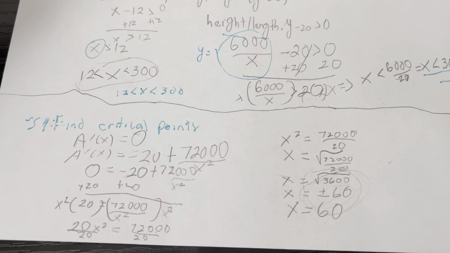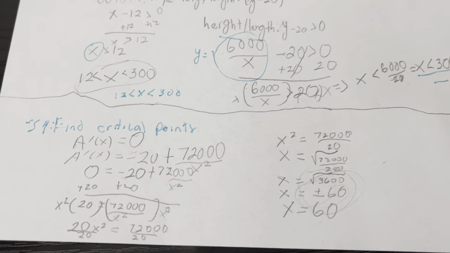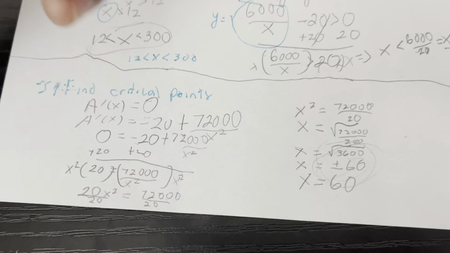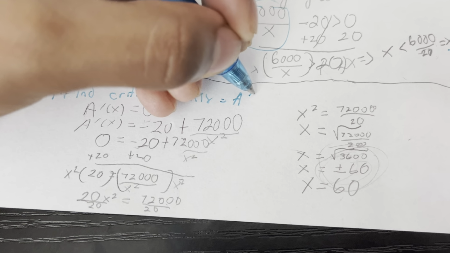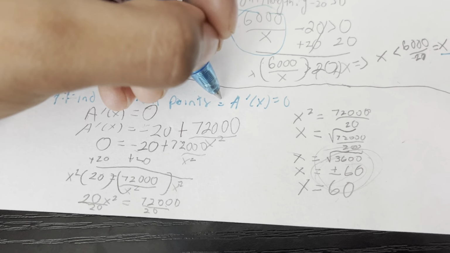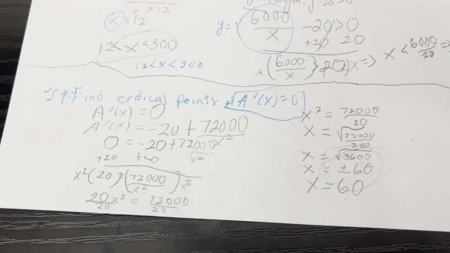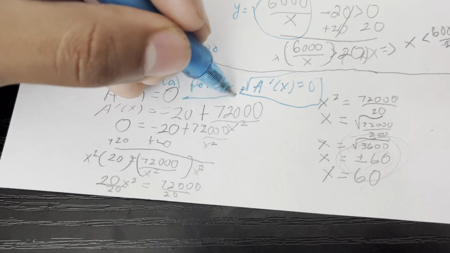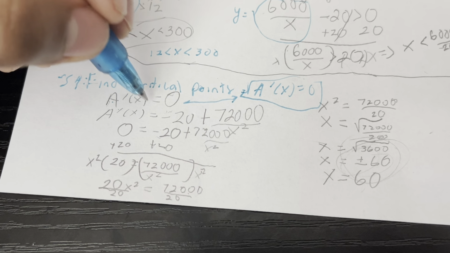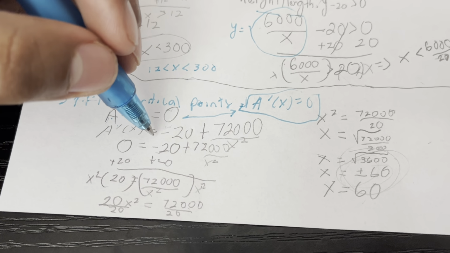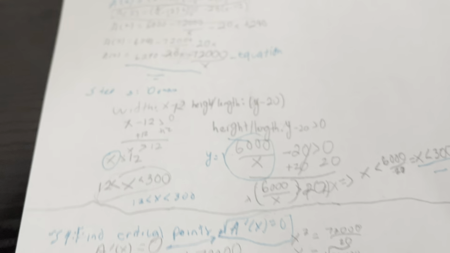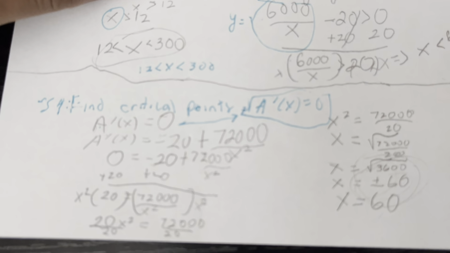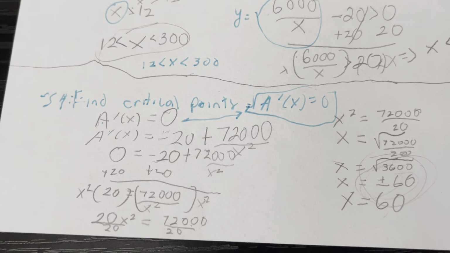Okay, so now we find the critical points, which will help us find the maximum. Here, we need to remember that critical points are where the derivative of the regular function equals 0, not to be confused with the inflection point, which is the second derivative. So we need to find the derivative of the regular function, which in this case is 6,240 minus 20x minus 72,000 over x.